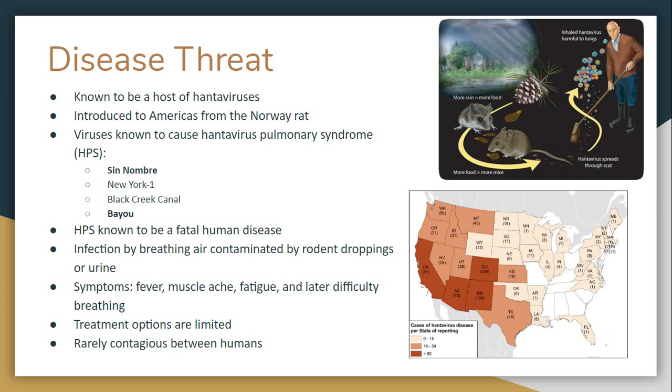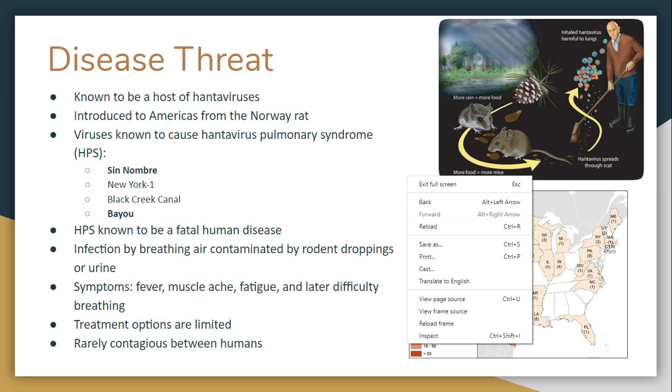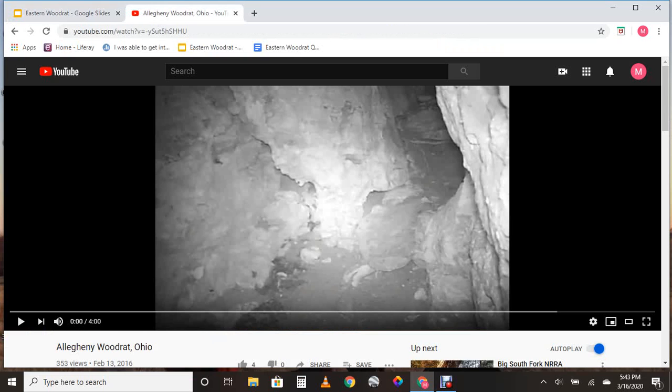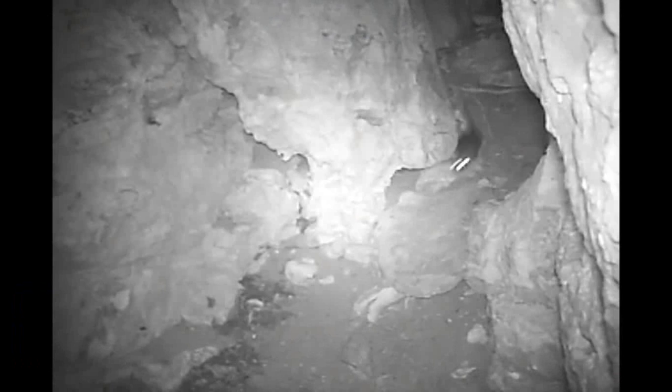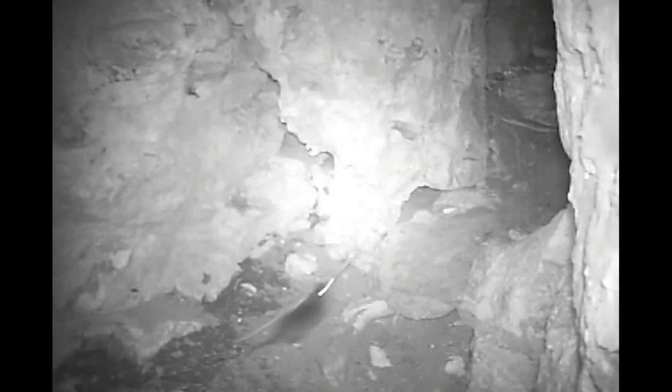So now we're going to take a look at a video of an Allegheny wood rat building its nest and conducting other activities after dark. And as you can see, it's carrying twigs and sticks back to construct a midden somewhere.